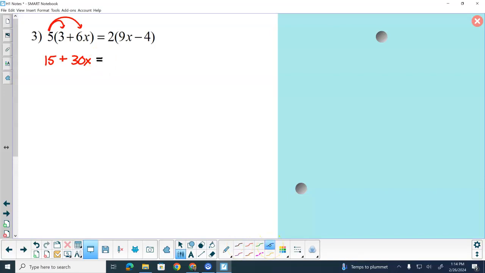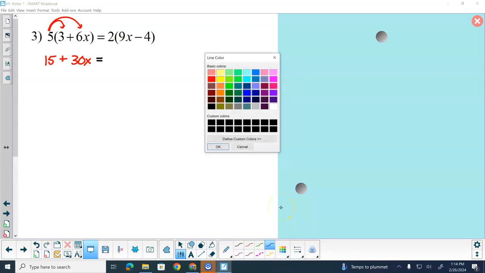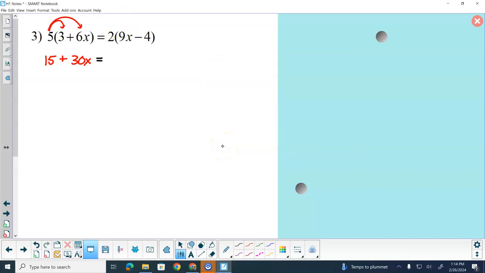Let's get crazy with it. You've got to get permission from the 2 times 9x. 2 times -4 is -8.